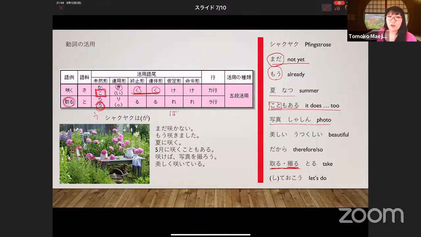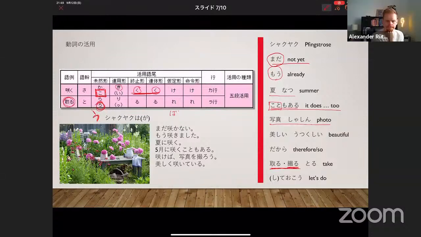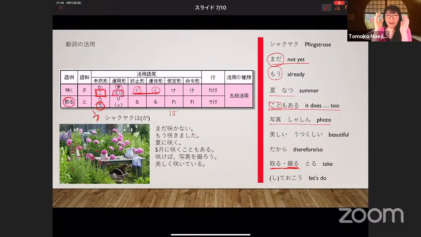As I mentioned, if it conjugates with u, then you say sako. In this case, you have bracket and e sound. I want to explain when you use e sound for this.